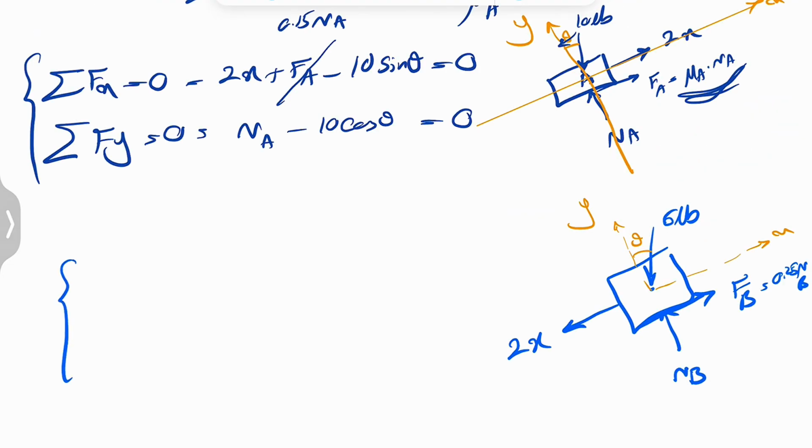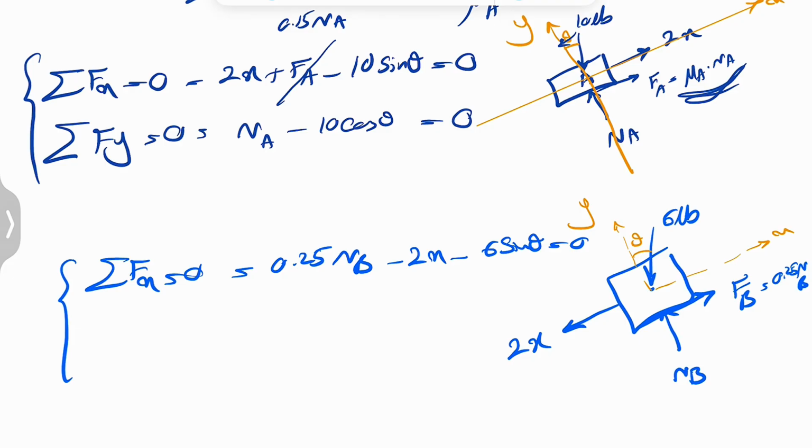So let's write our sum of all forces in X: 0.25 NB minus 2x minus 6 sine of theta equals 0. And sum of all forces in Y equals 0: NB minus 6 cosine of theta equals 0.